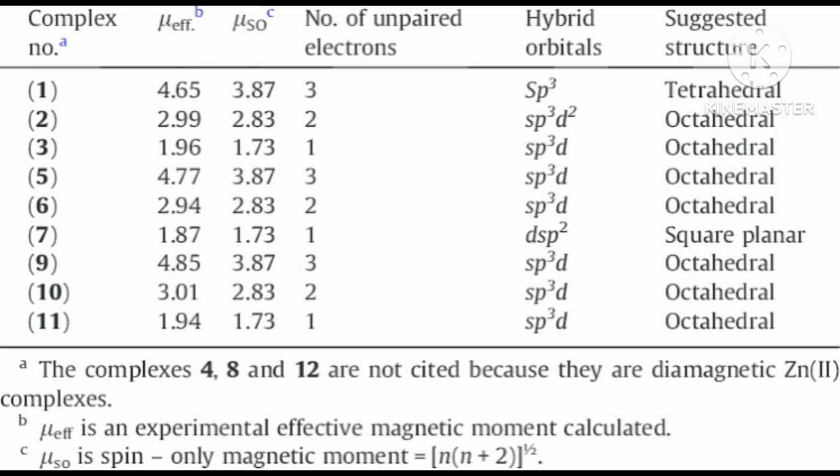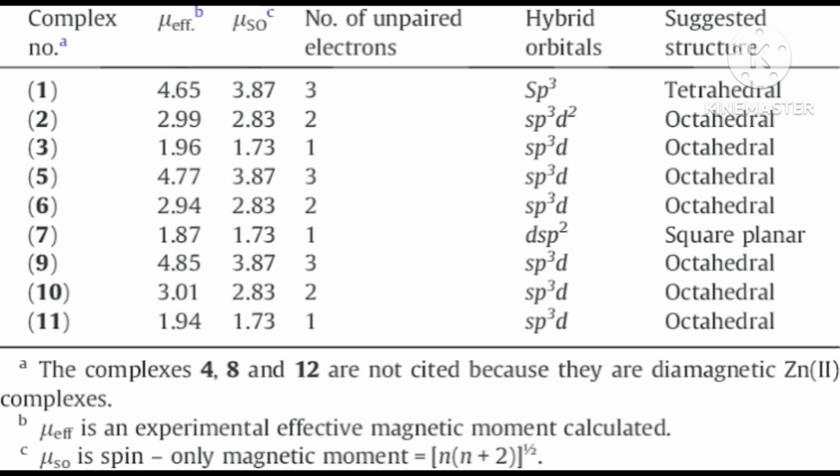When ligands approach the central metal ion, because they have lone pairs of electrons, the negative charge will be more. As they reach the central metal ion, the d orbitals of the central metal ion may also have electrons.